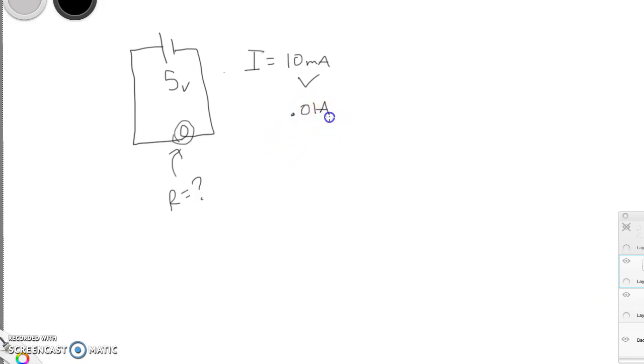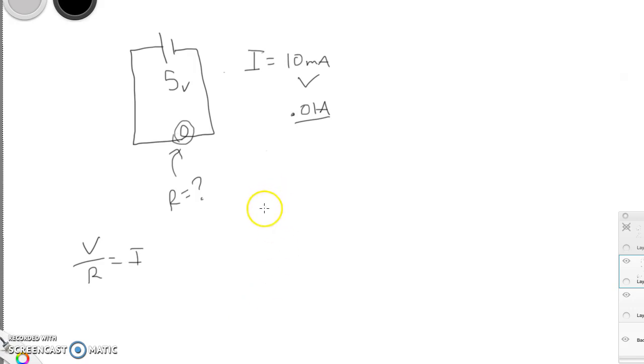Given that, I want you to use Ohm's law, V over R equals I, to determine how much resistance we need in order to limit that current. Okay, so you should pause the video and do that calculation.